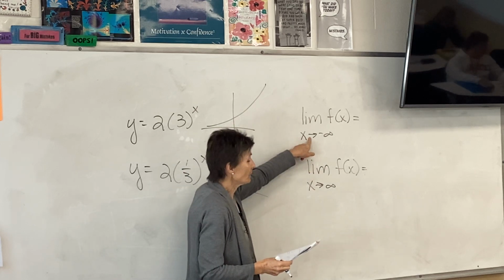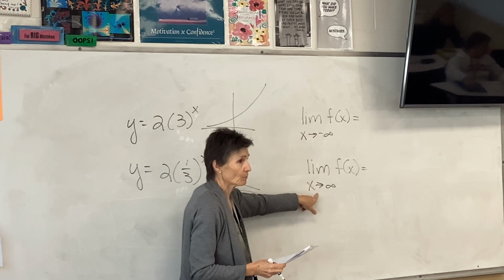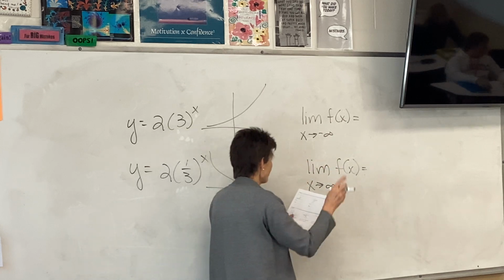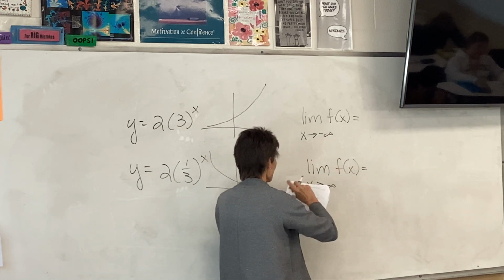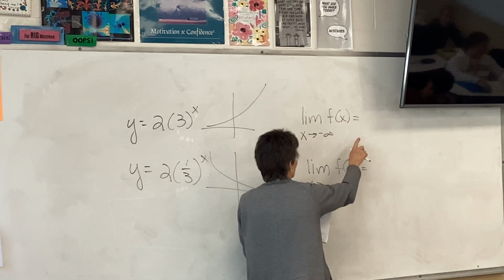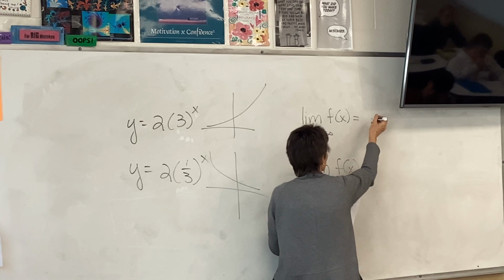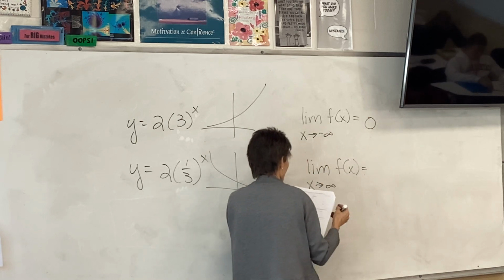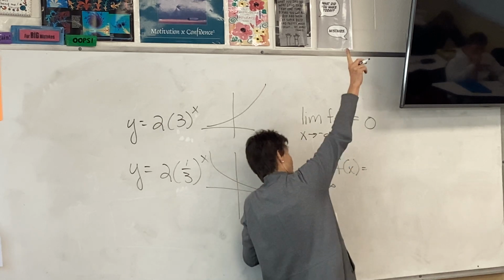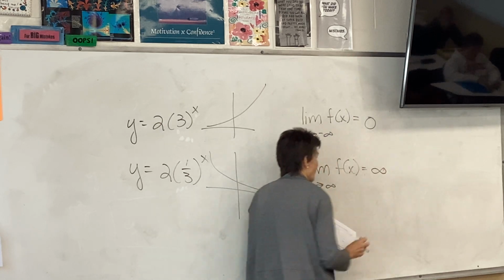So this one's on the left, this one's on the right. So tell me for question 1A, where are we going to the left? Closer to 0. And where are we going on the right? Positive infinity.